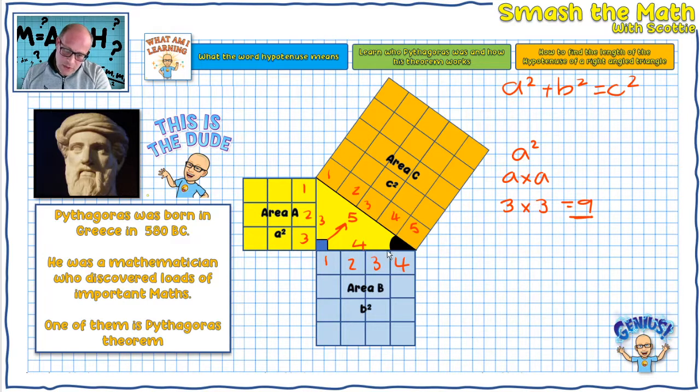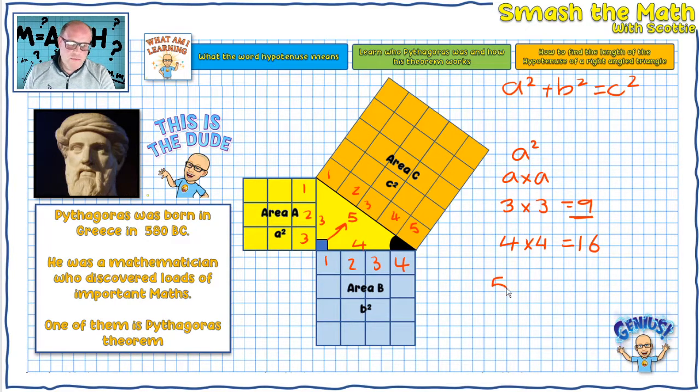Now we've got this side, which is 4 centimetres, so we're going to square that. 4 times 4 equals 16. And again, if we made the square of square centimetres underneath that, we've got 16 squares there. The area of these two added together should equal the area of this one. So let's work out the area of C. C is 5 centimetres long.